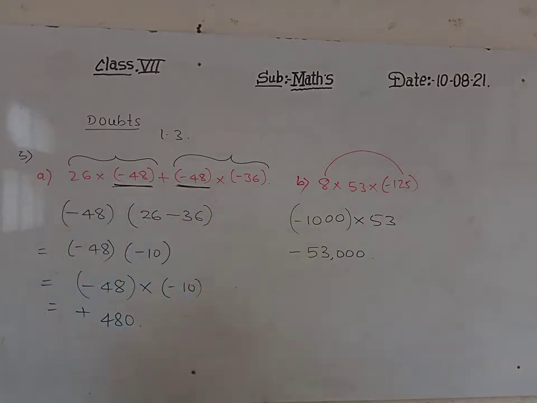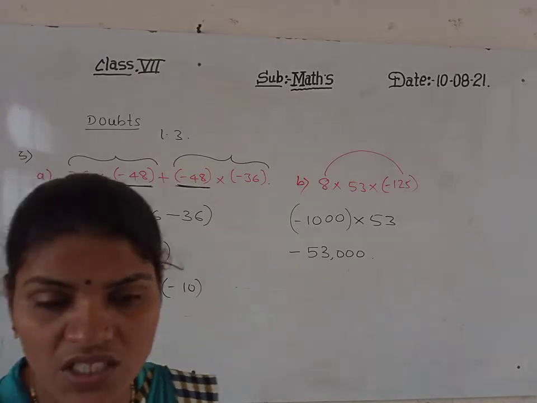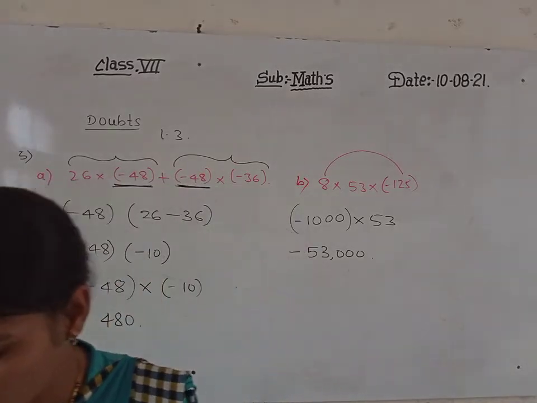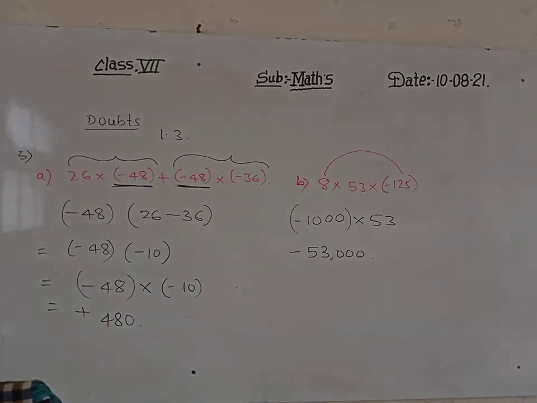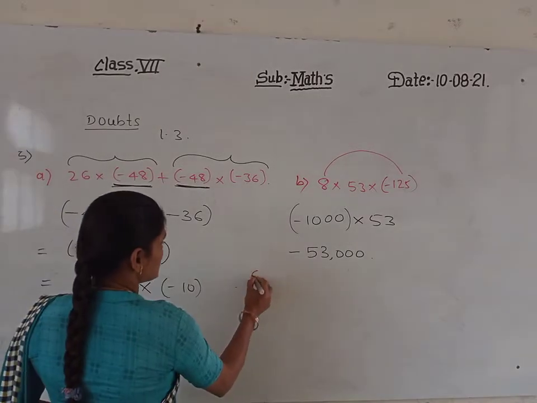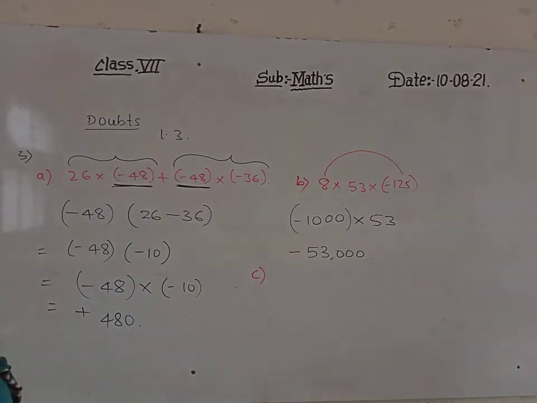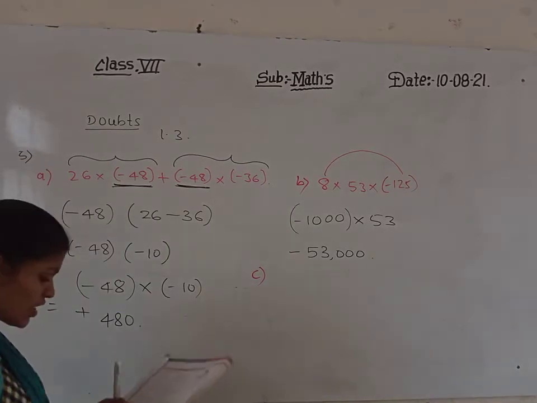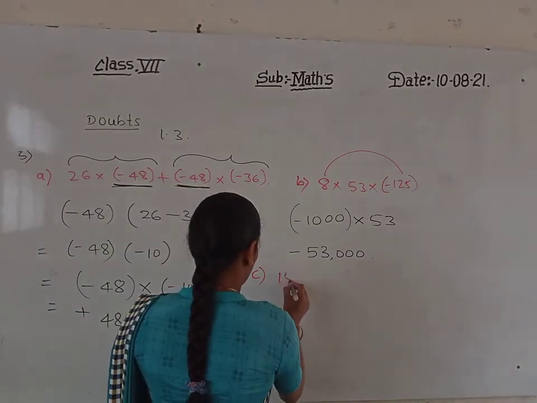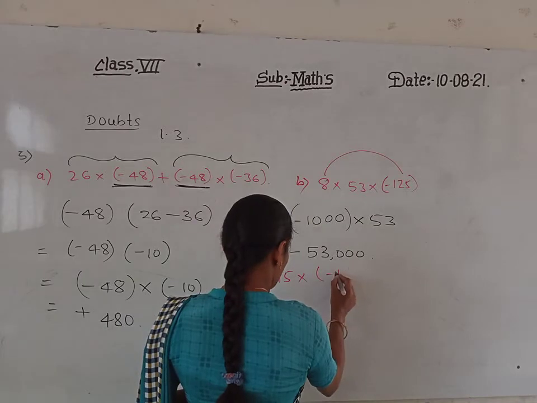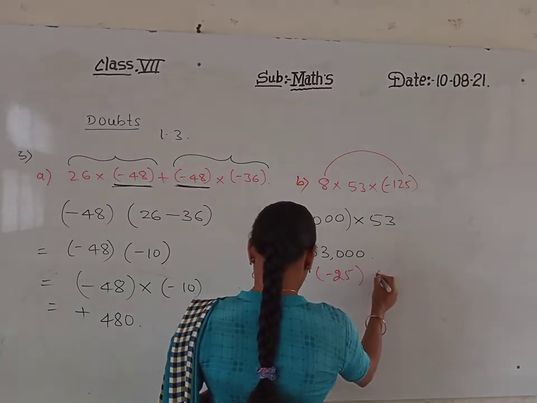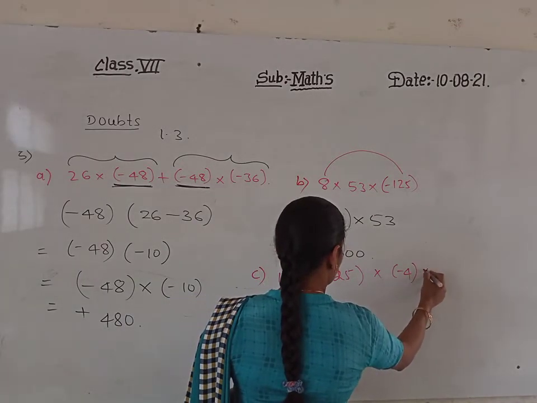So in this way, by using a suitable property as well as suitable rearrangement, we have to solve this. Next, question number C. C is also an easy one. I will show how to solve it, then the remaining we can continue. 15 into minus 25 into minus 4 into minus 10.